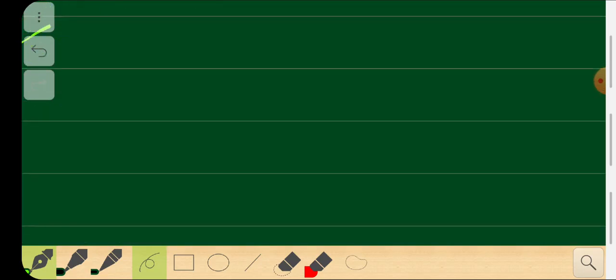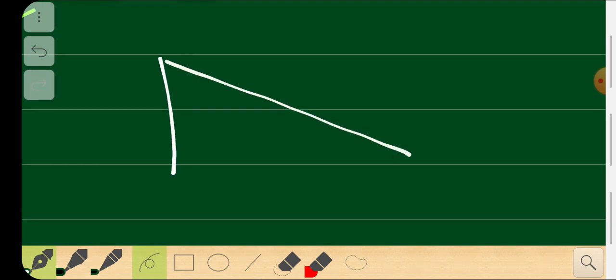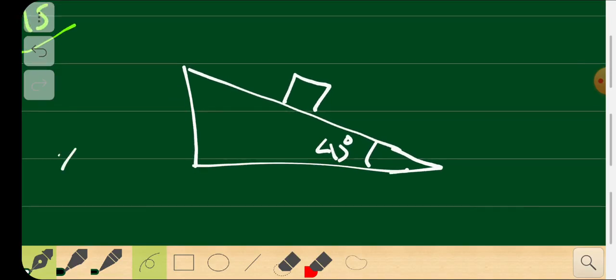For that, I'm going to redraw the same wedge with 45 degrees. This doesn't look like 45, but it is 45 degrees. And then there is this box. I'm going to assume that initially the box was here, and then when I give the acceleration, the box shifted to this new position.